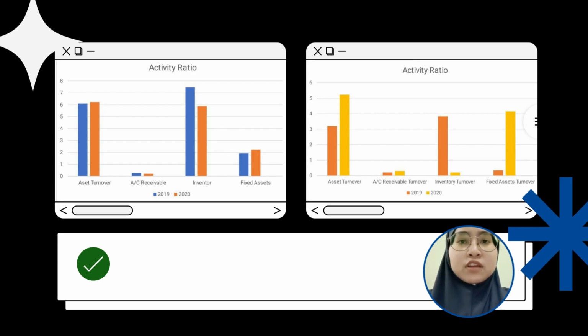For inventory turnover, in 2019 it is 3.83 and decreased to 0.2 in 2020. The fixed asset turnover increased from 0.35 to 4.15. Thank you.